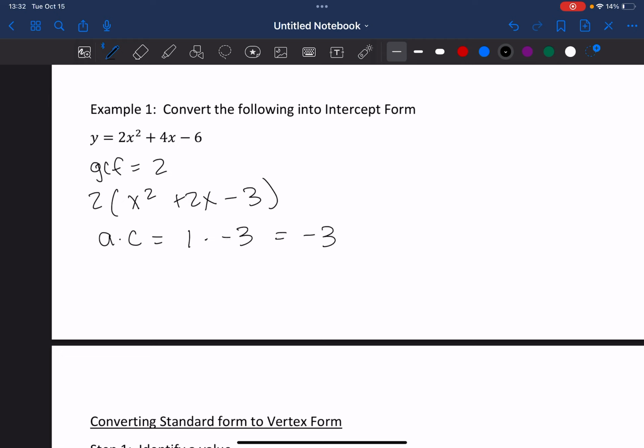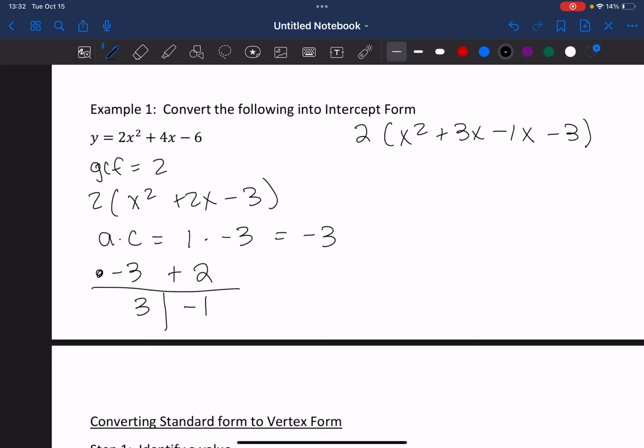So I need to find two numbers that multiply to negative 3 but add to 2. Those two numbers are going to be 3 and negative 1. So instead of writing 2x, I'm going to write 3x and negative 1x. So I have x squared plus 3x minus 1x minus 3.